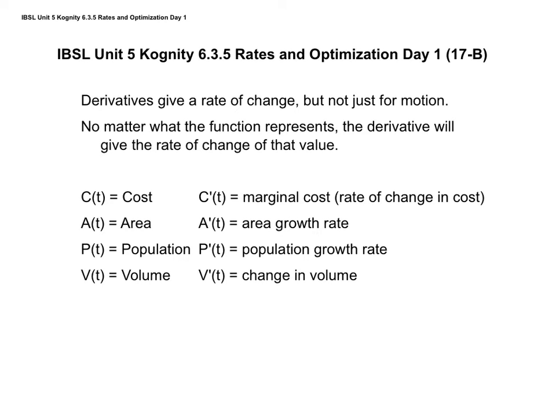So when we're talking about the cost to produce, say, 100 cars in a day, it might cost a little bit different per car than if we made, say, 50 cars in a day. That's what we call the marginal cost. Sometimes, if you have a little home business, your marginal cost may not change.